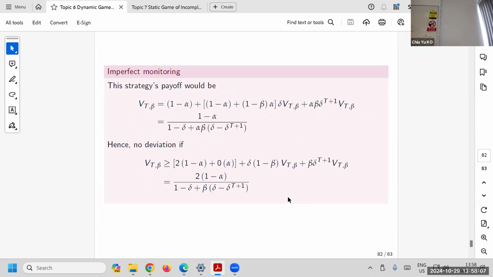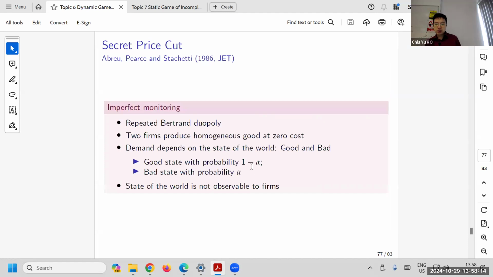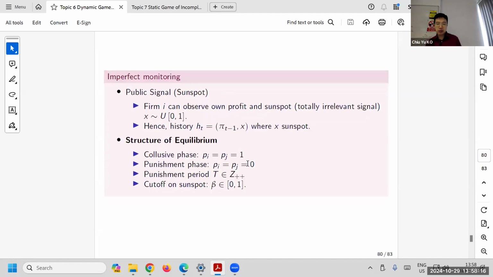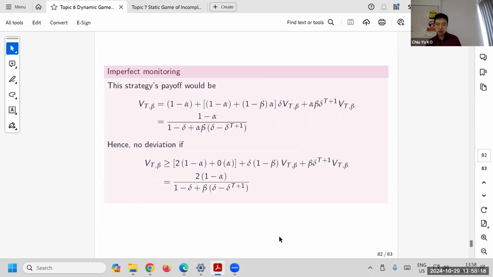So look at this slightly crazy stuff. Remember that you have good times with probability 1 minus alpha. The notation is good state. If it's bad, you get 0. So this is this period's outcome.